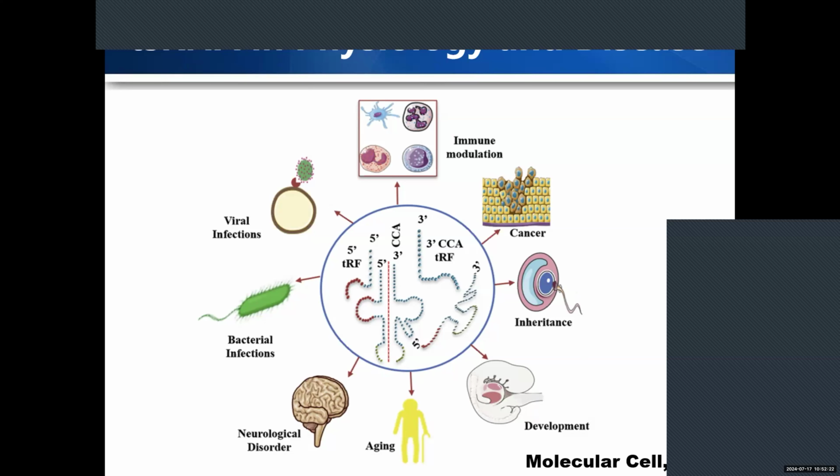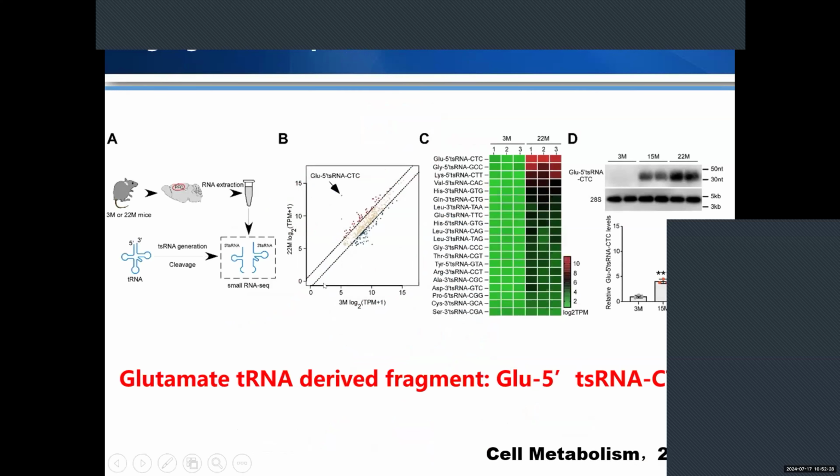So this study is actually set up to answer this question. The first thing we do is we take an aging brain and compare it to the young brain to see what kind of tRNA fragment accumulates in this aging process.